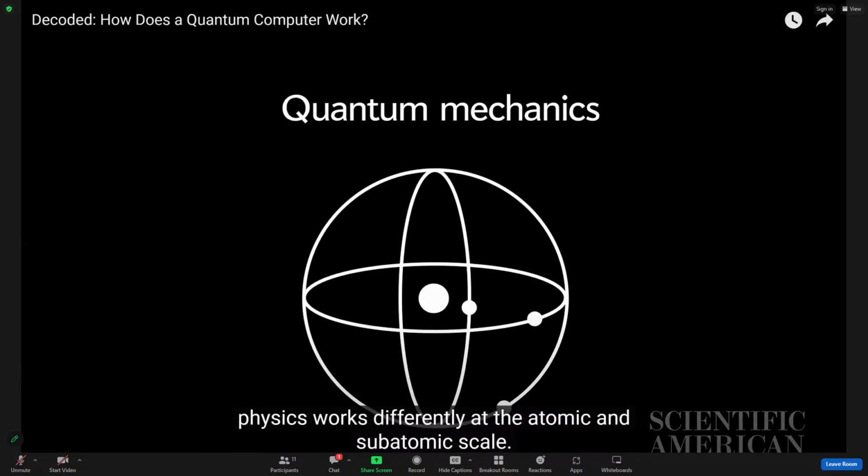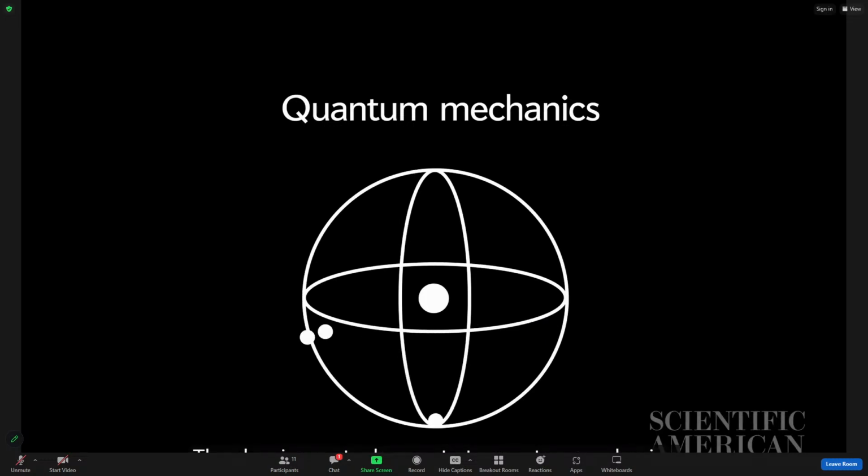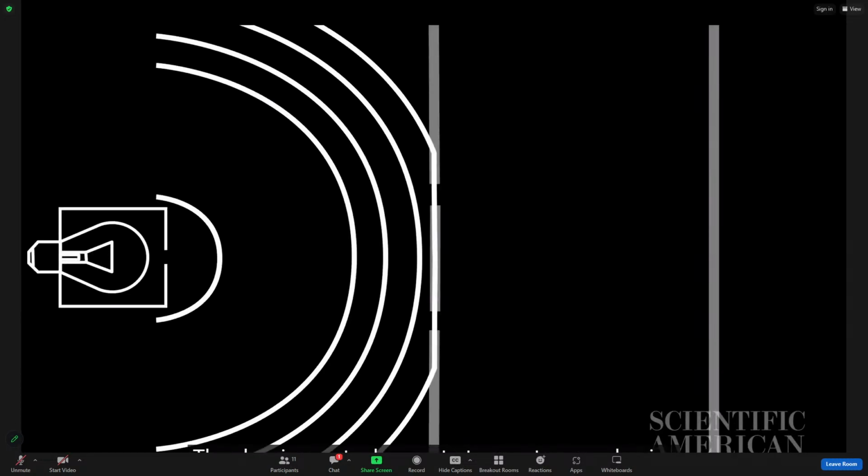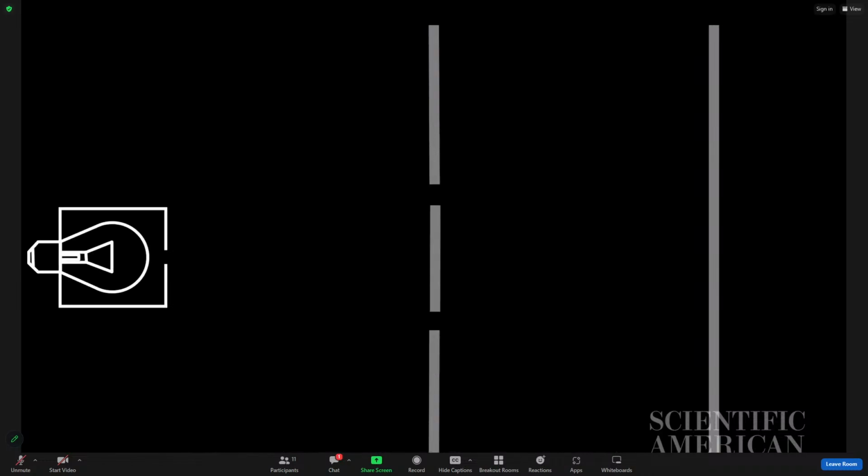Time scale. The classic way to demonstrate quantum area with two slits. Sunlight goes through the cap.